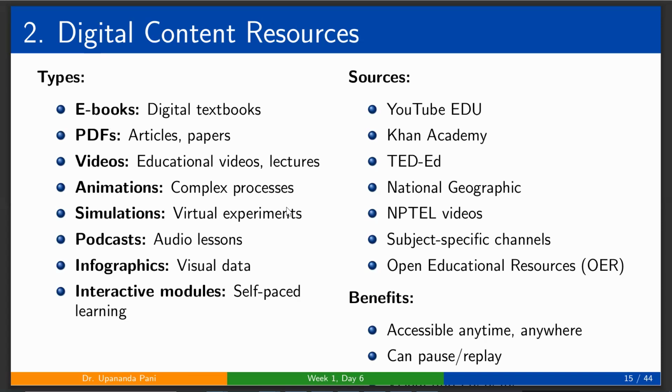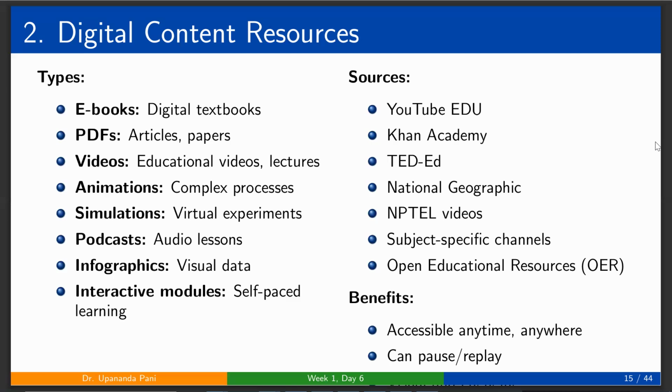Then digital content resources. Now the list is actually increasing. What do you mean by digital content resources? So one is print books. You are also having ebooks, that is the digital textbook. So PDFs, basically articles, papers, videos, basically educational videos, lectures, animation of complex processes, simulation, virtual experiments, podcasts, audio lessons, infographics, visual data, interactive models, self-paced learning.